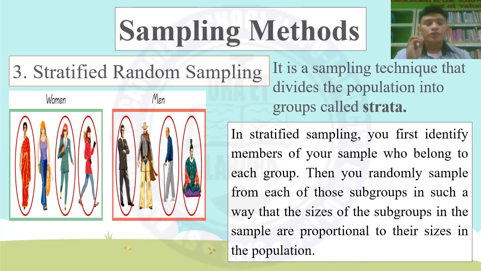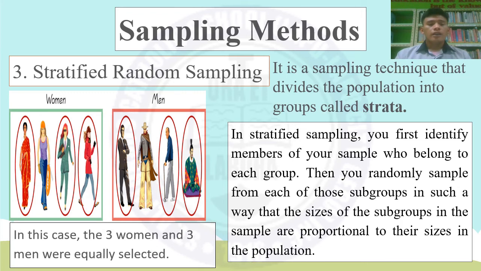Then you randomly sample from each of those subgroups in such a way that the sizes of the subgroups are proportional to the population. So in this picture, 3 women and 3 men were equally selected. That will be stratified random sampling.